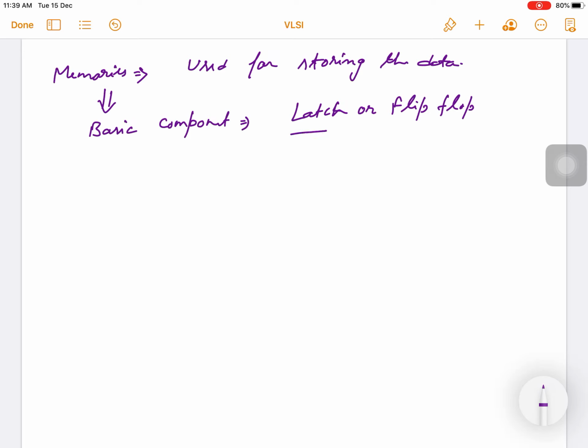These are the two electronic devices used to store information. This one flip flop can store only one bit of data. Same is for this latch, one bit of data.